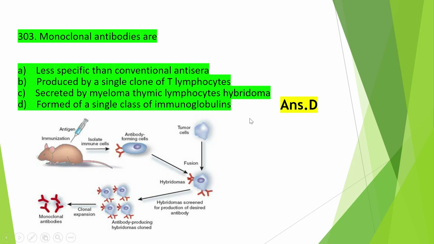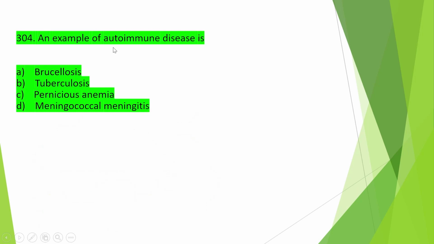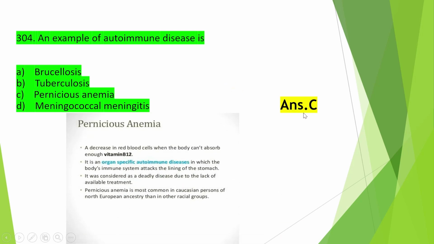Moving on to the next question, an example of autoimmune disease is brucellosis, tuberculosis, pernicious anemia or meningococcal meningitis. The right answer is option C, pernicious anemia, an autoimmune disease. Pernicious anemia is a decrease in red blood cells where the body can't absorb enough vitamin B12.